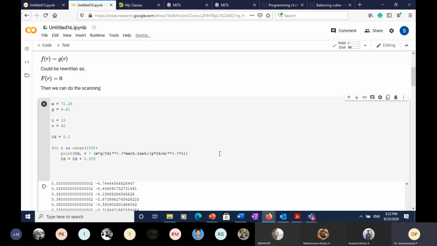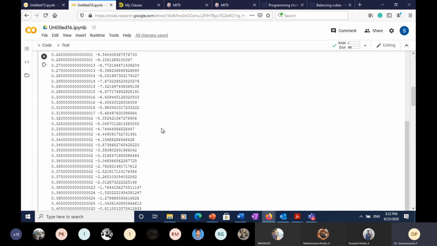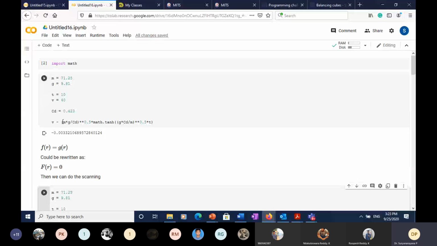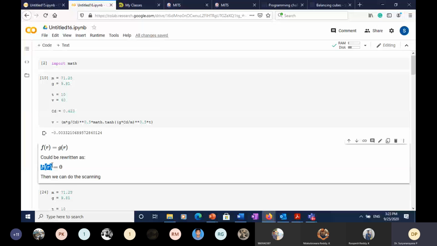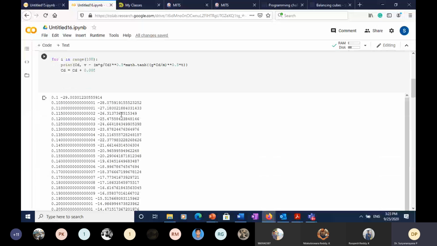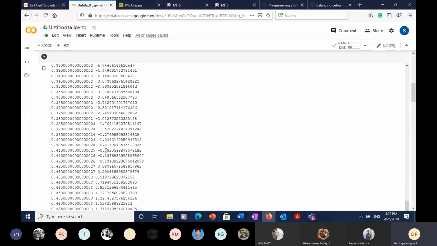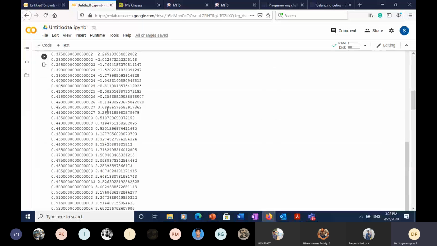And then you see what happens. See, since we are trying to find the value of CD such that this becomes 0. We brought everything to one side, right? So what we are trying to get for this expression is 0. So you see, we started with a negative number, and it's reducing in magnitude, reducing, and it got close to 0 here.